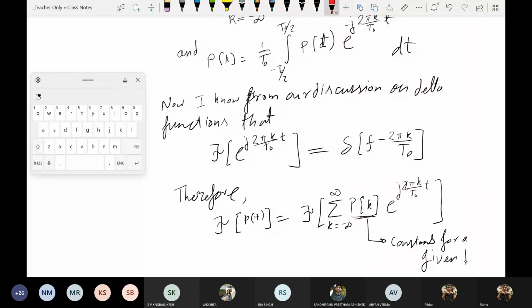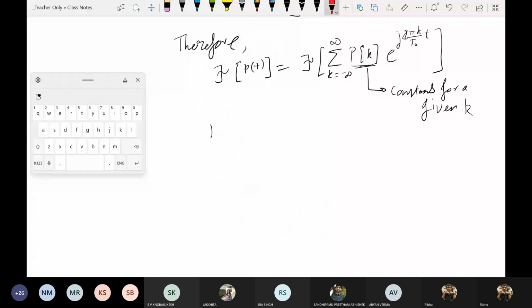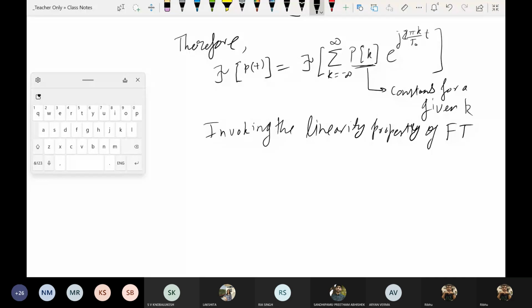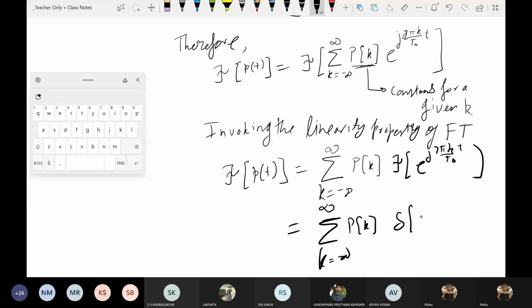invoking linearity of the Fourier transform, we get summation k goes from minus infinity to infinity p_k times the Fourier transform of e^(j 2 pi k t by T naught), equal to summation k goes from minus infinity to infinity p_k delta(f minus k by T naught).